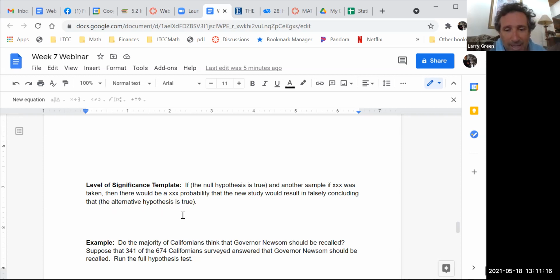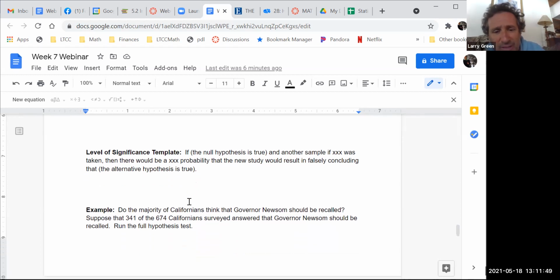That might be falsely concluding that the pH is not 7 for the population mean pH, or that women are drinking fewer than 2.7 liters of water for their population liter consumption. Any questions at all on this template?